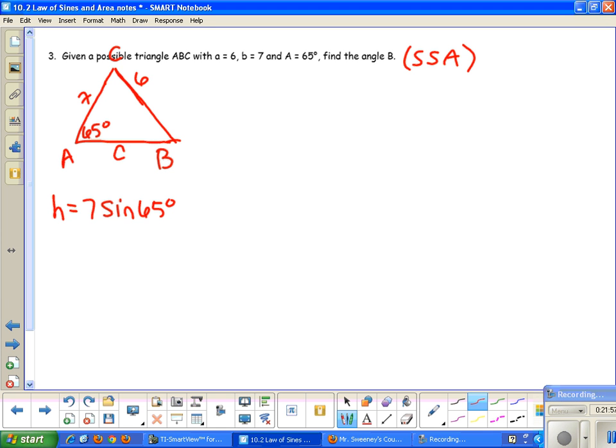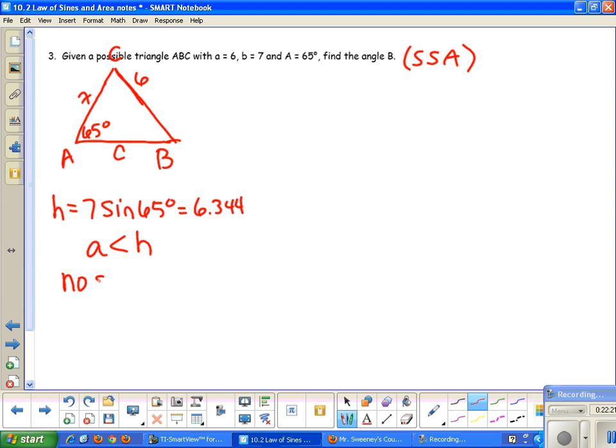So 7 times the sine of 65 degrees is equal to 6.344. Notice that my a value is less than the height of my triangle. Because of that, I know that there are no possible triangle solutions for this.